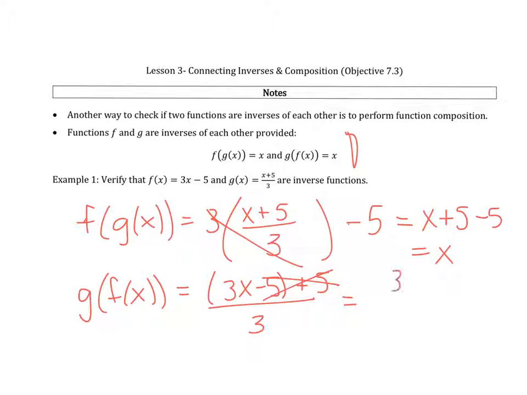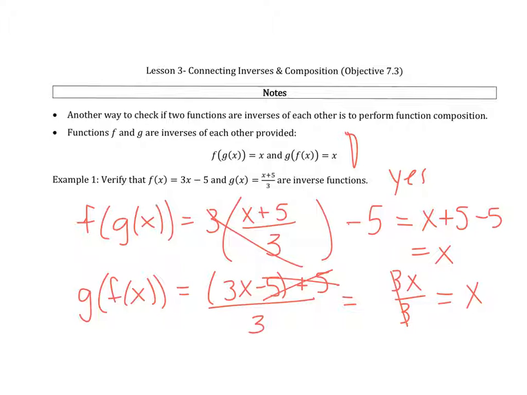So I have 3x over 3. The 3's are going to cancel each other out, so I'm left with just x. So since both f of g of x and g of f of x equal x, then yes, these are inverse functions. Now, if you just simply wrote yes and you did not show any work, that would be a problem. So you do need to make sure that you're showing work.